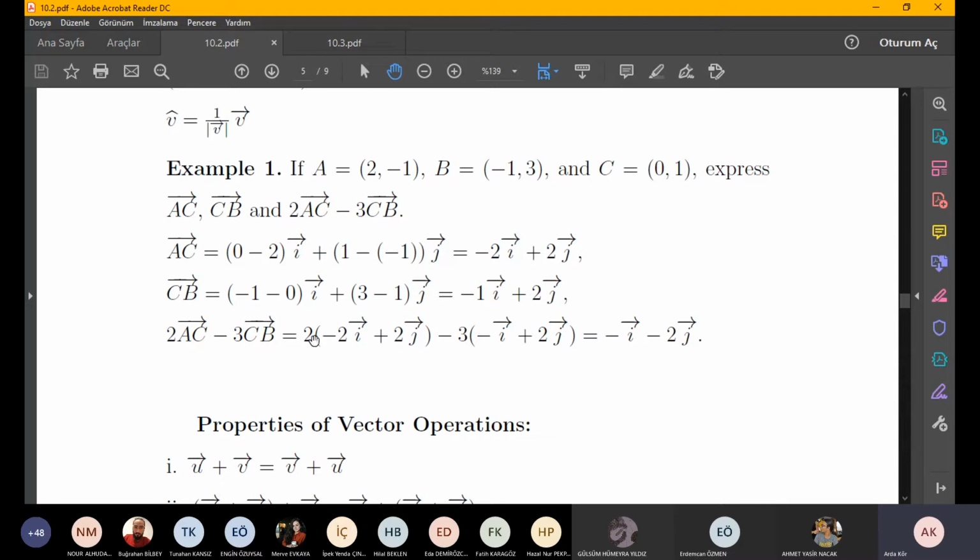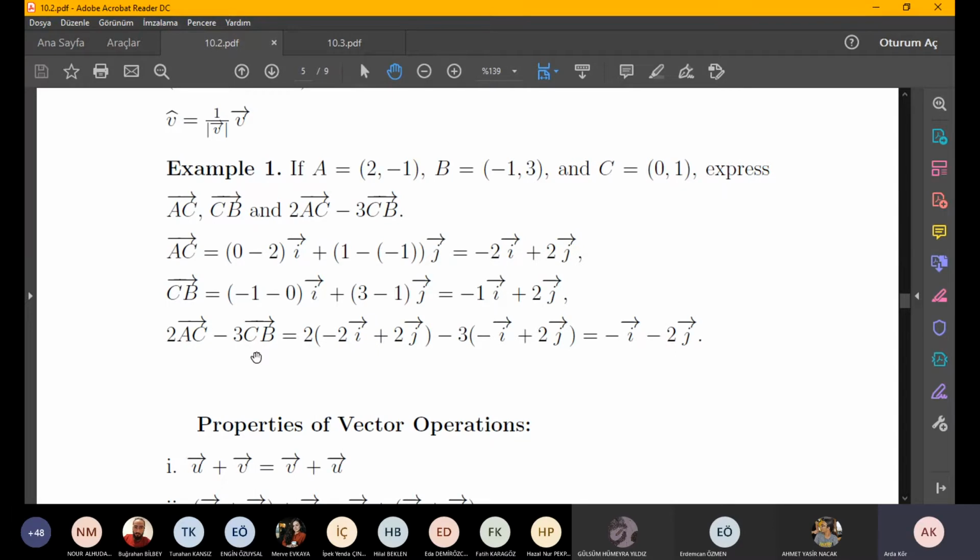It will have the same direction. 2 times AC will have the same direction as AC, but the length will be double that of AC. So this will be a vector with components -4i plus 4j as a linear combination of standard basis vectors.